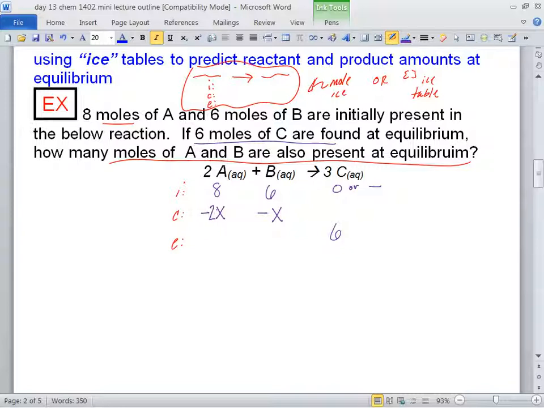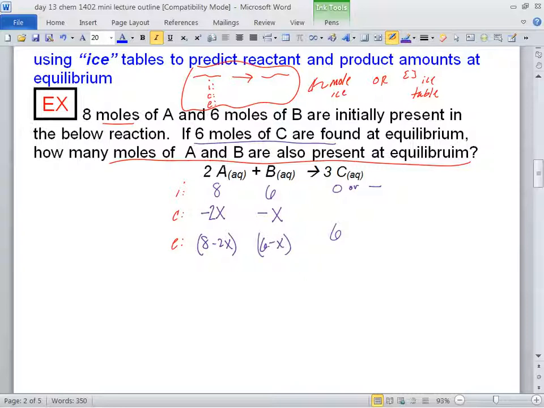And then to get the equilibrium, well, just add the initial and the change, right? Because this, how much did it change by? Well, 8 minus 2x. 8 plus a negative 2x. Right? B, 6 minus x.